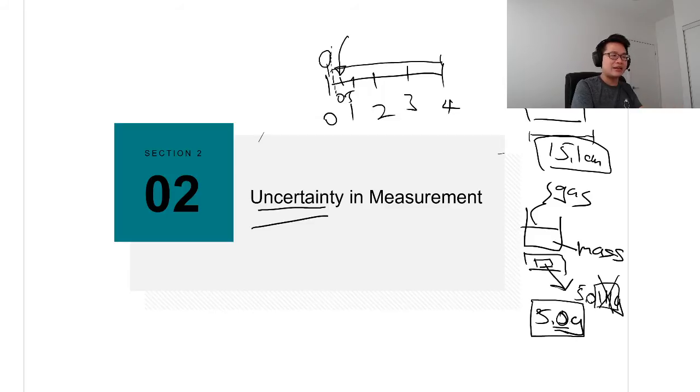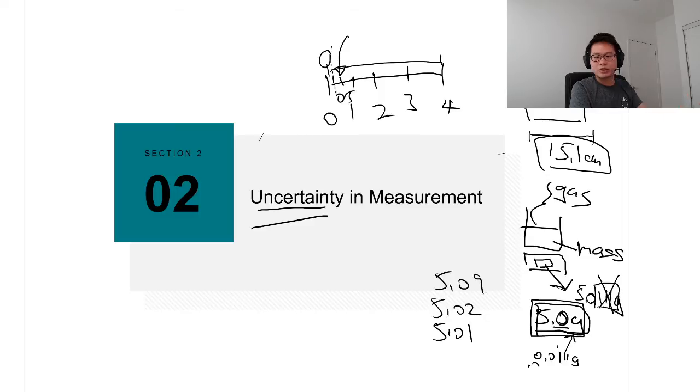At the same time, there will be an uncertainty introduced to your measurement due to the limitation of your equipment, because it doesn't tell you that we still have 0.0011 gram behind it. So in other words, when you're looking at this measurement, it could mean 5.01, 5.02, 5.09, etc. Because there's an uncertainty, and the uncertainty will be plus and minus 0.01 gram, something like that.